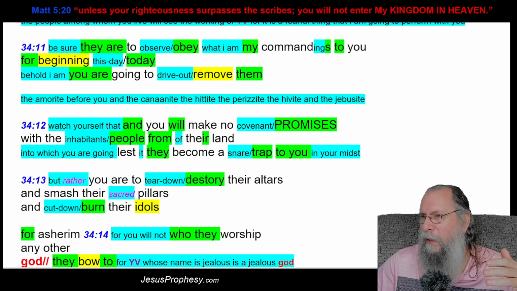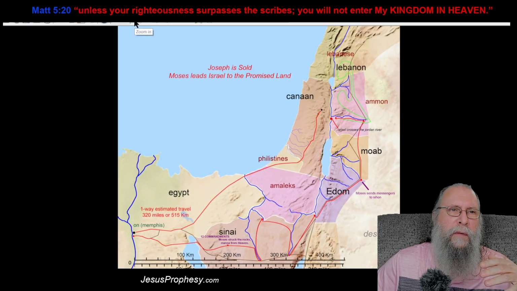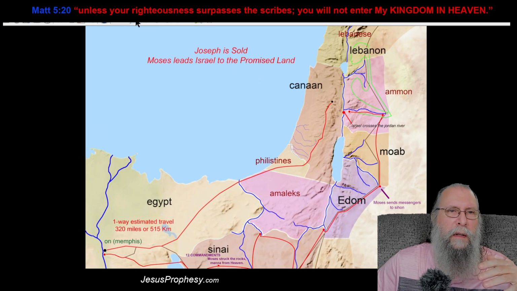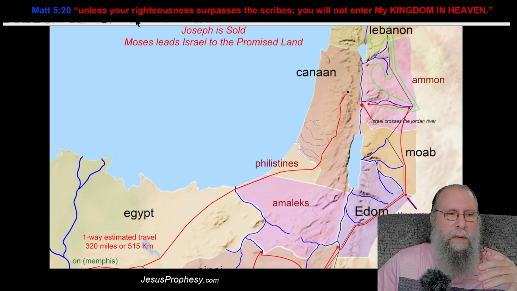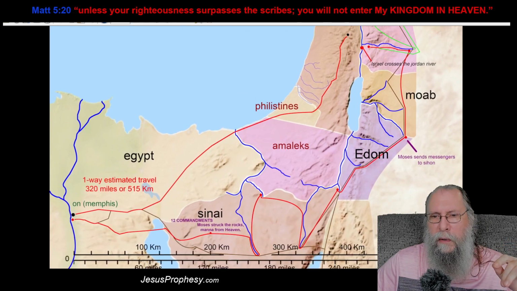Now, the promised land, let me pull that up. And using this map here, all these maps are made by me, and there's a company out there that, did I note it on this map?